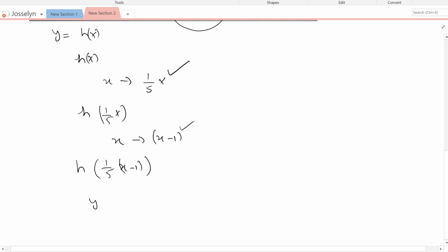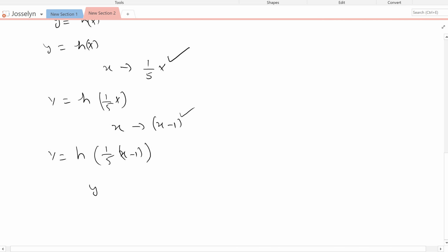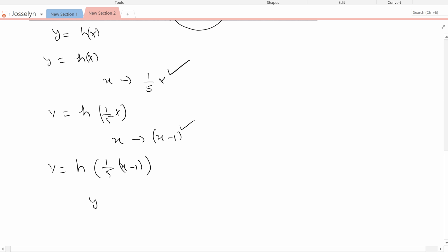Now if I replace my y, y equals h of x, and here I was changing x's. I change x to that, and we call it horizontal because x is a horizontal component. So horizontal stretch. Now, did they teach you all that stuff well?